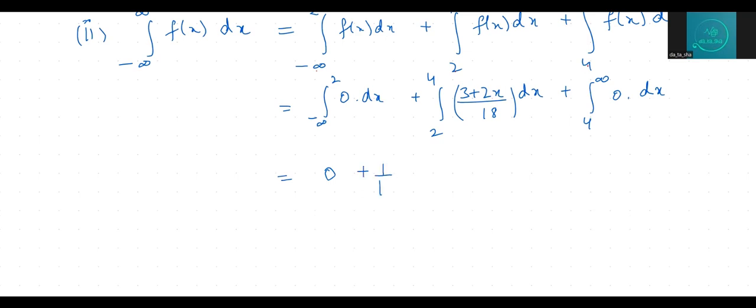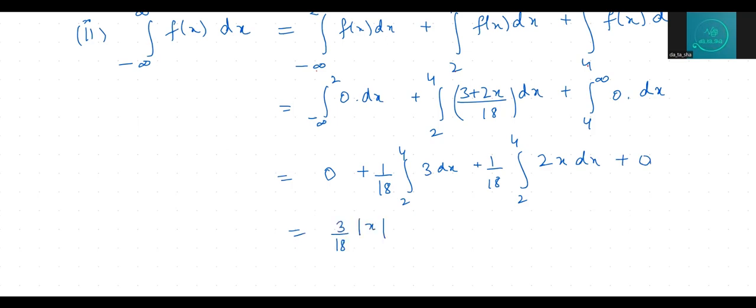So this would be the integral of 3/18 dx plus the integral of 1/18 2x dx. So I'll get here, applying the limits.